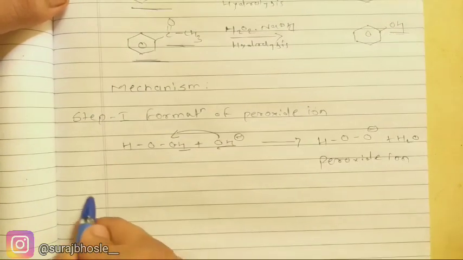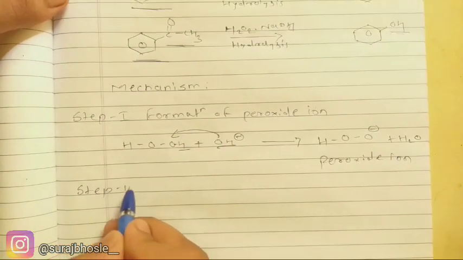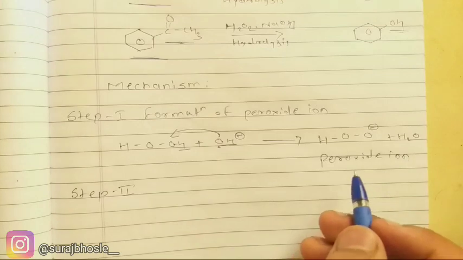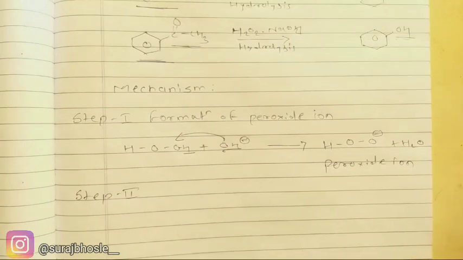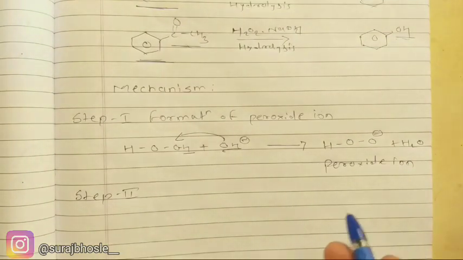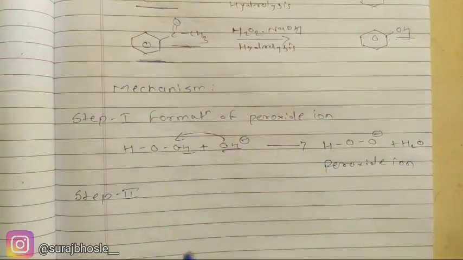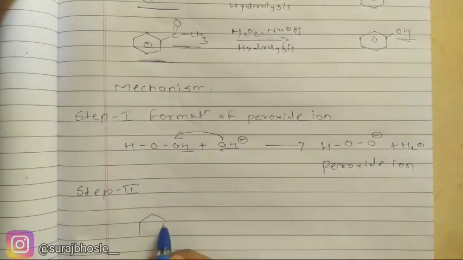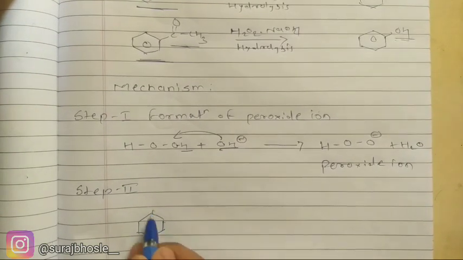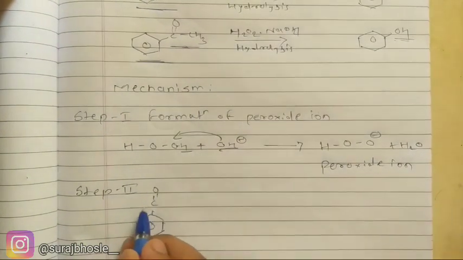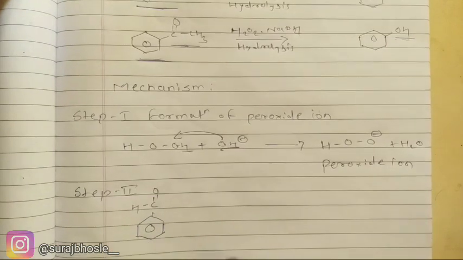Now in step 2, this peroxide ion is going to attack the carbonyl carbon of our phenolic aldehyde or phenolic ketone. Suppose we have benzaldehyde, so we know the structure of benzaldehyde is C6H5CHO.